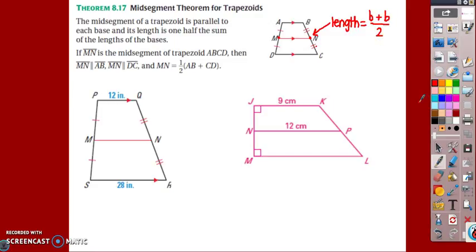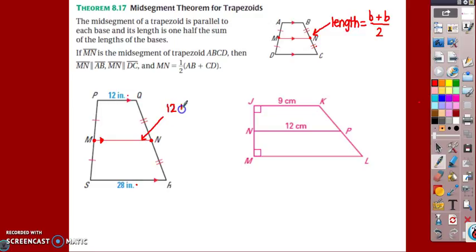Let's just try an example. So if you wanted to figure out on this trapezoid mid-segment, you can tell it's a mid-segment because midpoint, midpoint. The first thing we know is that it's parallel to those bases. And how long is it? Well, whatever number is halfway between 12 and 28. And if you can figure that out, that's awesome.